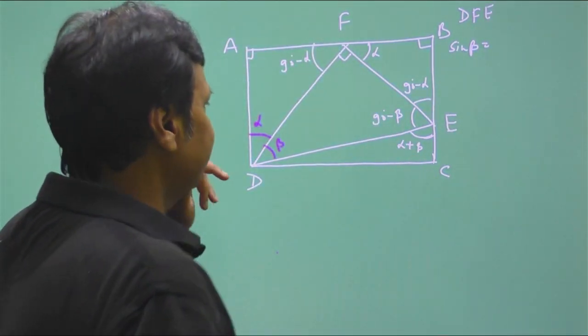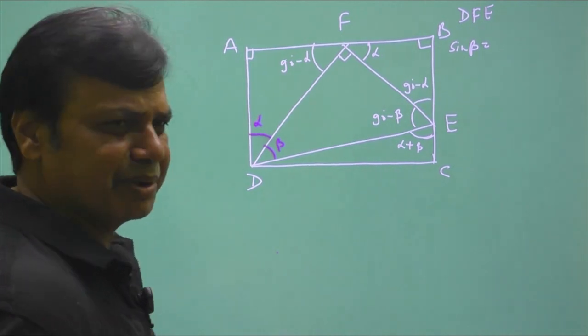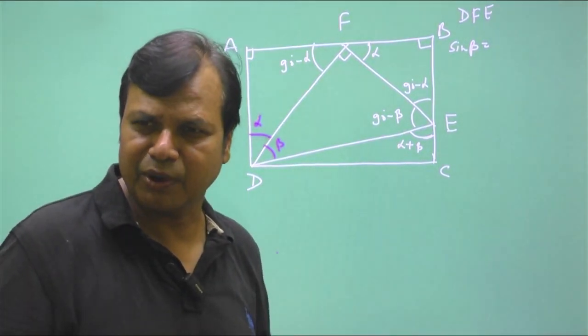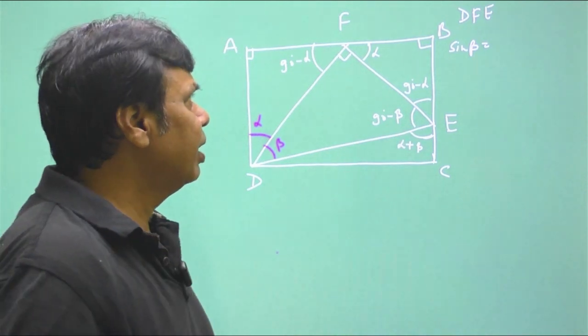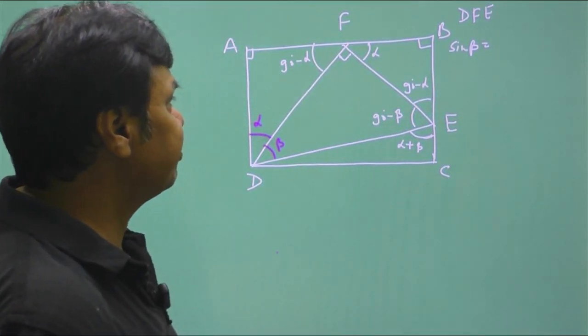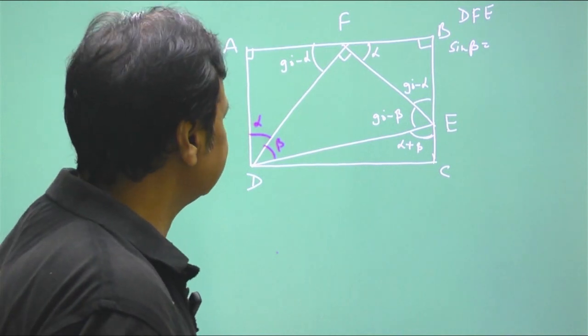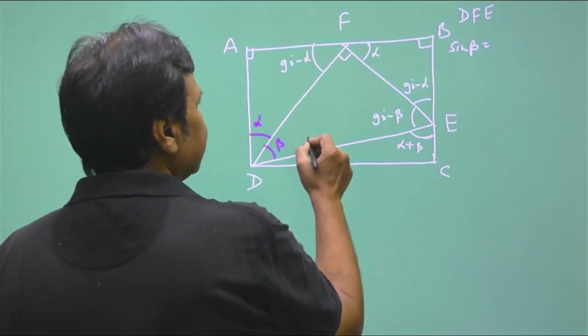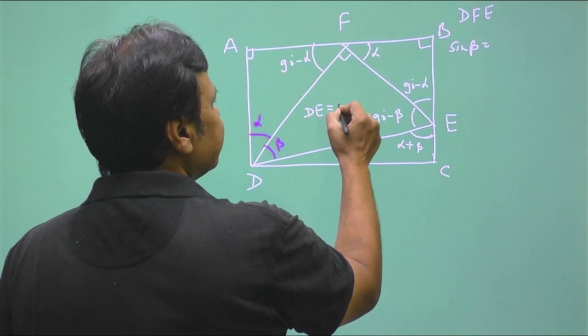Also, you can do one more thing. Just take, it will solve lots of your problems. If you can do it, let DE be equal to unity, 1 unit. Yes, I'm going to write it. DE is 1 unit.